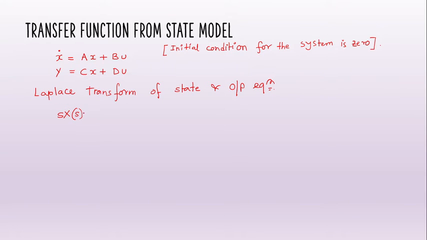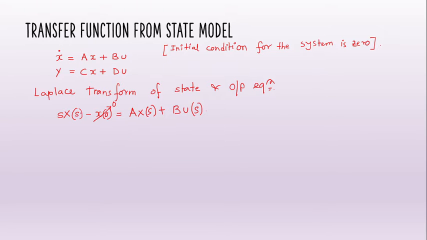And an initial condition comes with the derivative. But as we have considered the initial condition for the system is 0, that minus x0 part will be 0, as we are considering the transfer function model. So sX(s) will be equal to AX(s) plus BU(s).